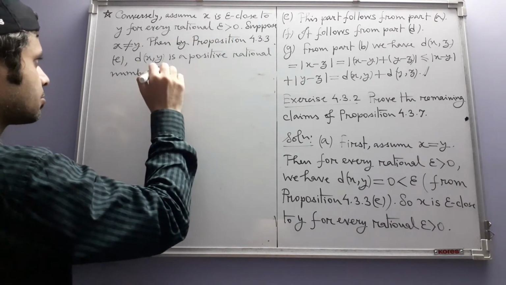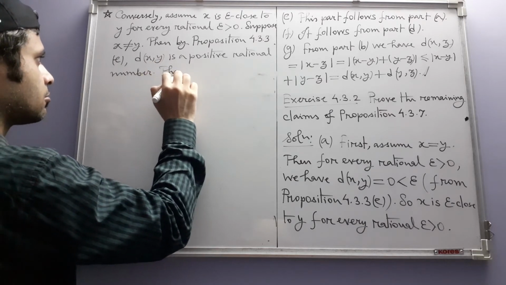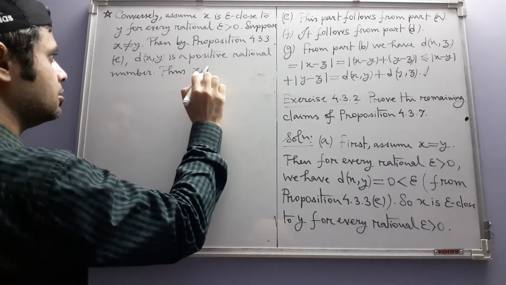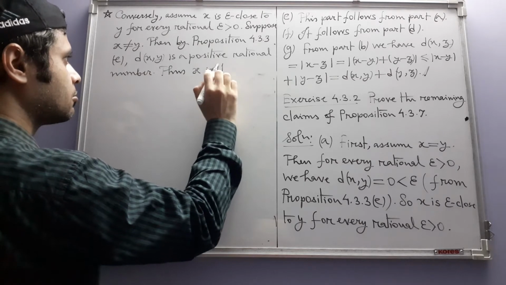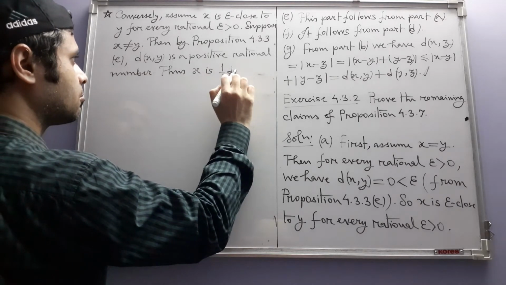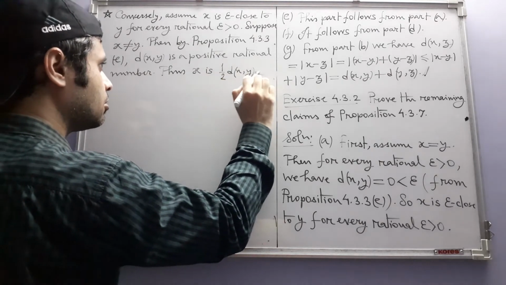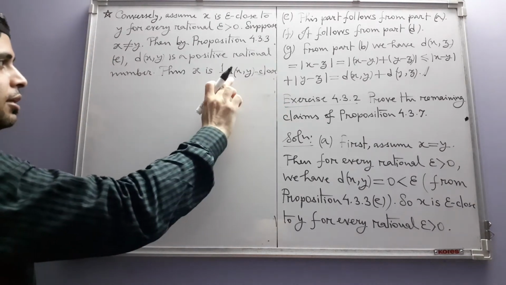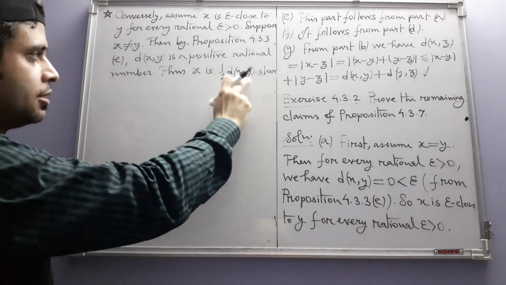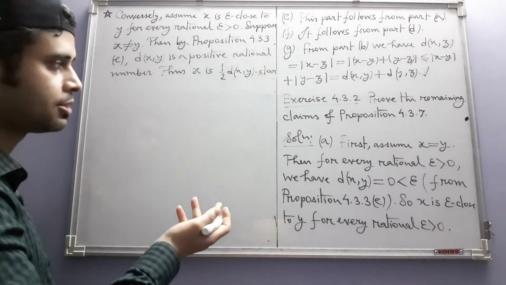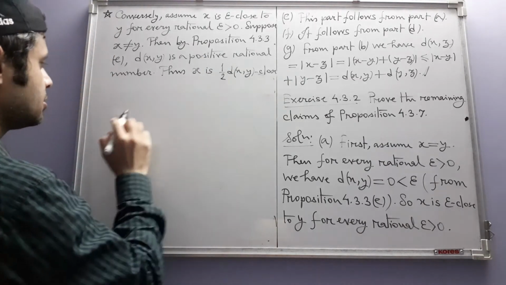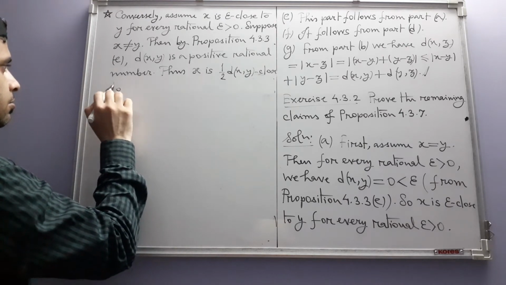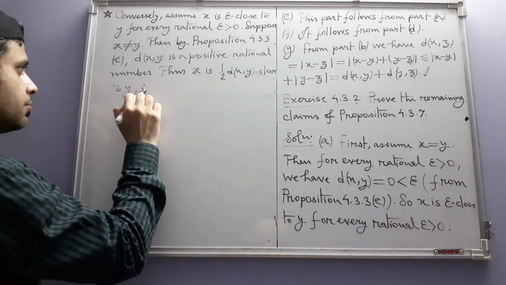Thus, x is this close. This is also a positive rational number. I mean, if this d value is positive, divided by 2, that is also positive and rational. So x is this close to y.